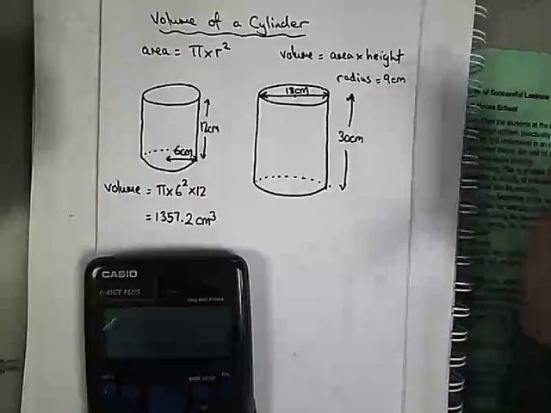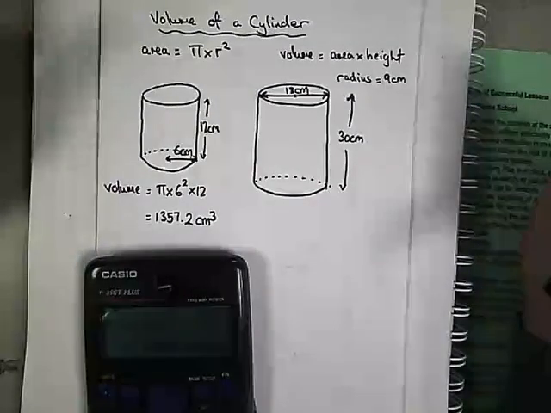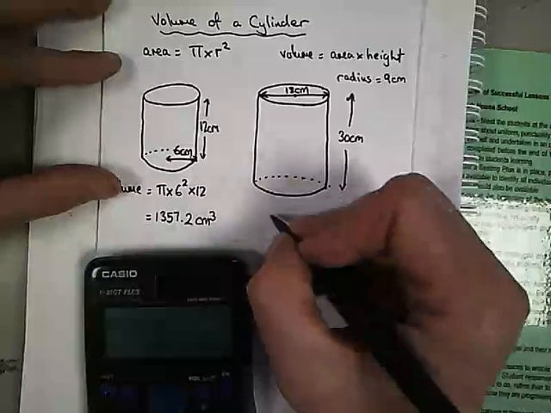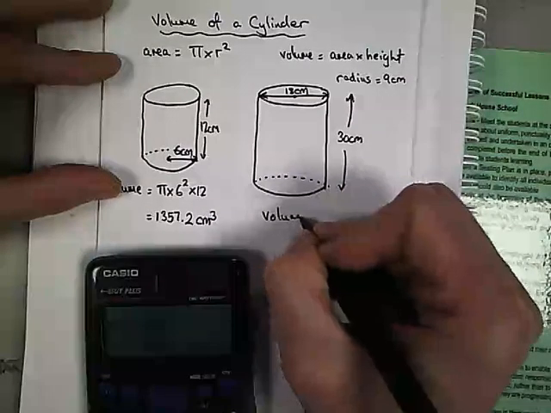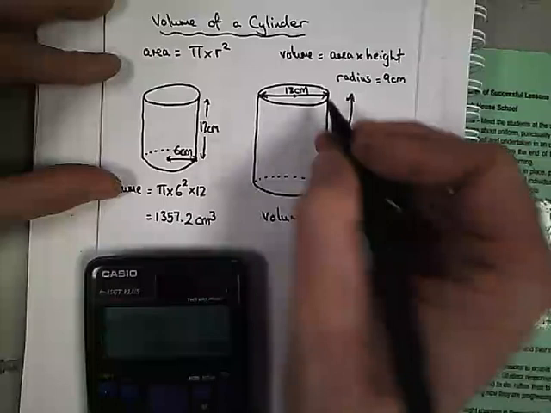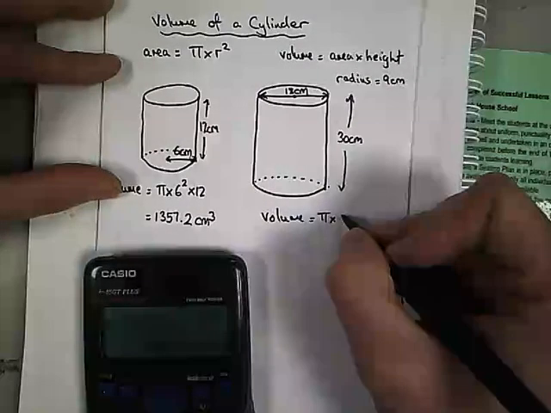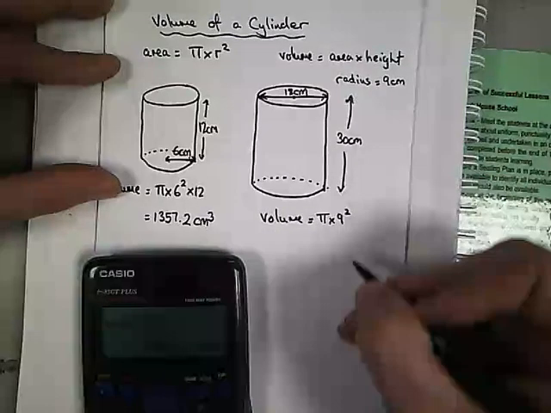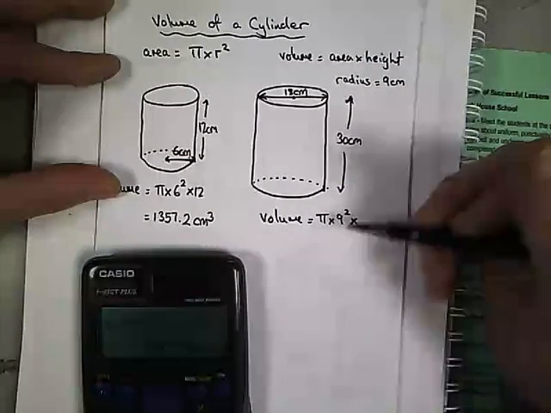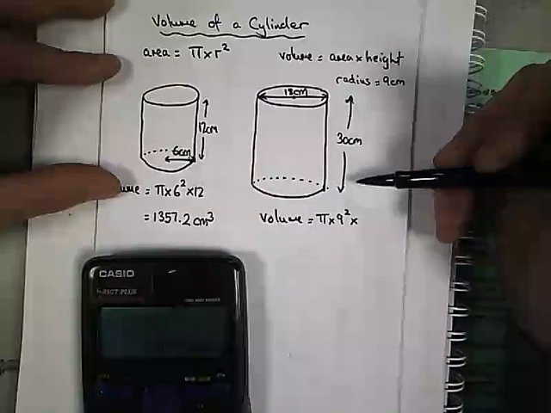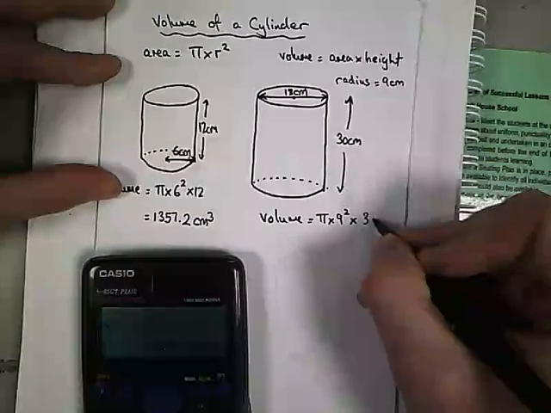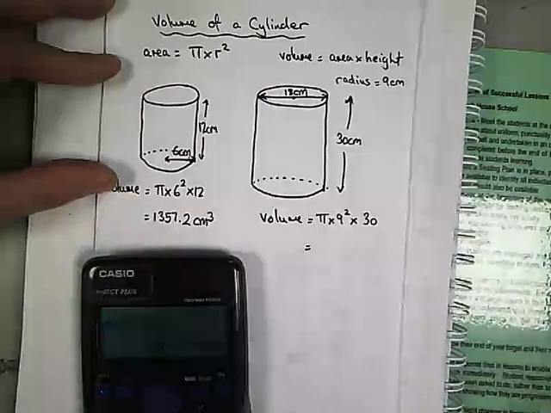Now we've got the radius, we can work out the volume of this cylinder. So the volume is equal to the area of the circle, pi r squared, so it's pi times the radius, which is 9 squared, times by, for the volume bit, we just then times that by the height. The height is 30. This might be a slightly bigger number because it's a bigger cylinder.